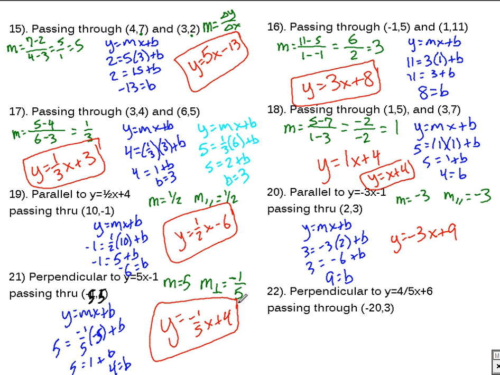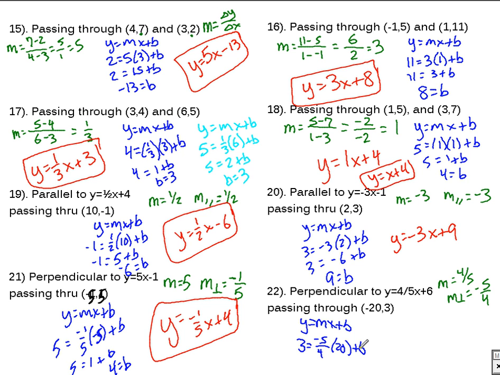Last one here, slope is 4/5. My perpendicular slope, flip the fraction to be 5 over 4, flip the sign, it was positive, now it's negative. Do y equals mx plus b, and plug in the values you know. The y is 3, the m is negative 5 divided by 4, the x is 20, plus b.